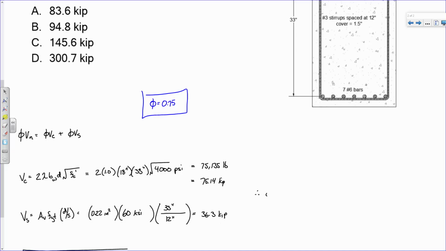So therefore, phi Vn is Vc plus Vs, all times 0.75.